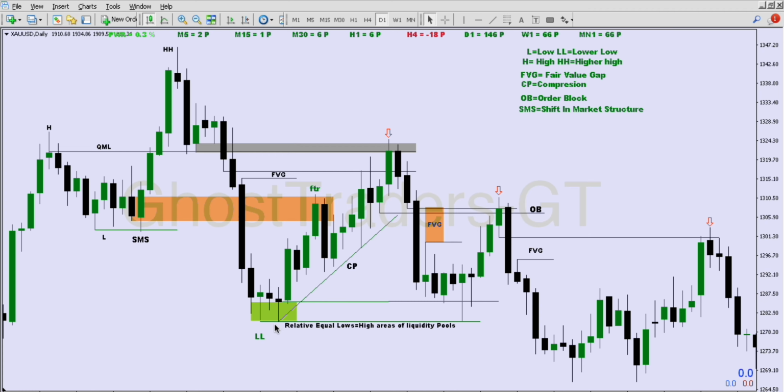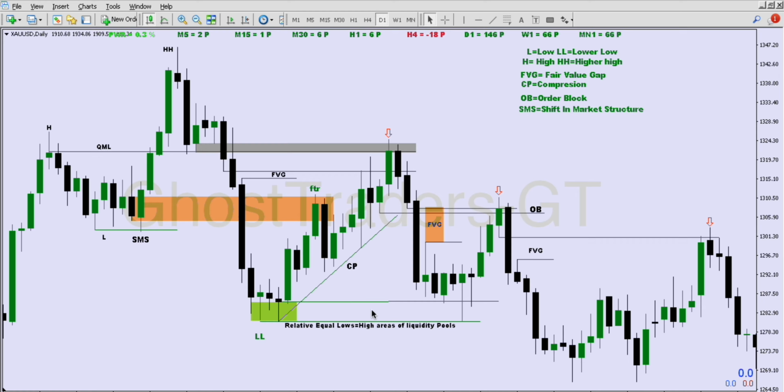You're going to be putting your TP here and then price doesn't get to hit your TP. So to be safe, whenever you do your take profit, TP is take profit for those of you who are new, make sure you put your take profit here.